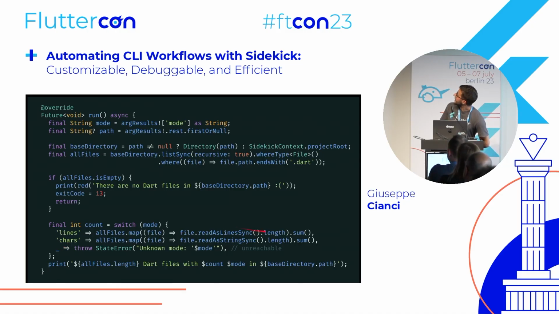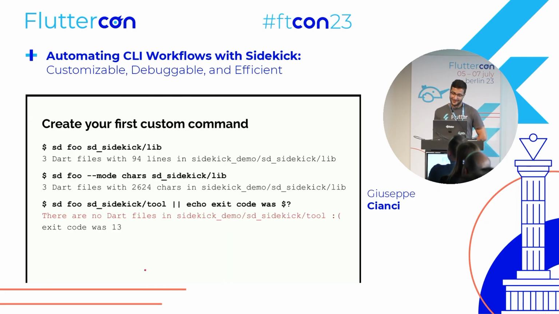So in the lines case, I get all the files, I read their lines and count their numbers, sum it up. And in the characters case, I read them as strings so I can get the length of the file string and sum it up as well. And in the end, I just print it. Whew, everything is done. Perfect.